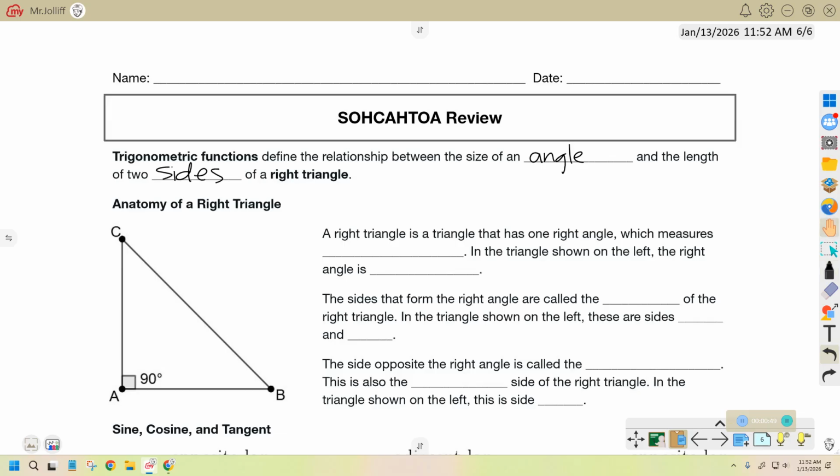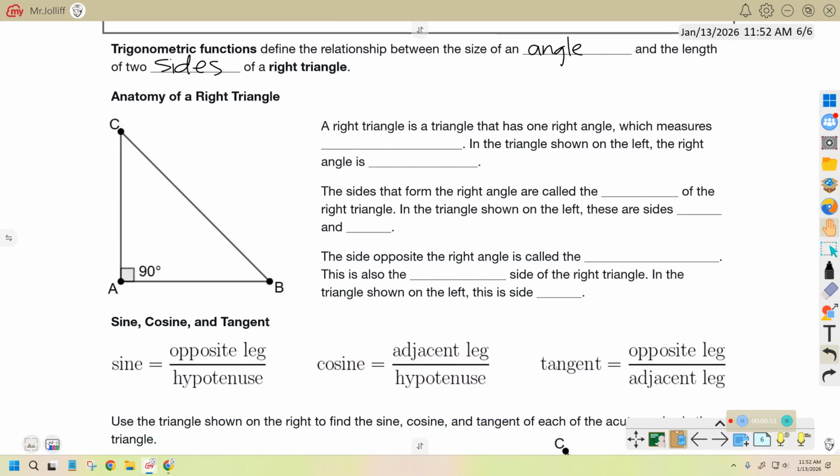So we're going to review some vocab, the anatomy of our right triangle. Right triangles have right angles. How big are right angles? 90 degrees, very good. Or we are going to use another unit of measure for angles. What else can we measure angles in?